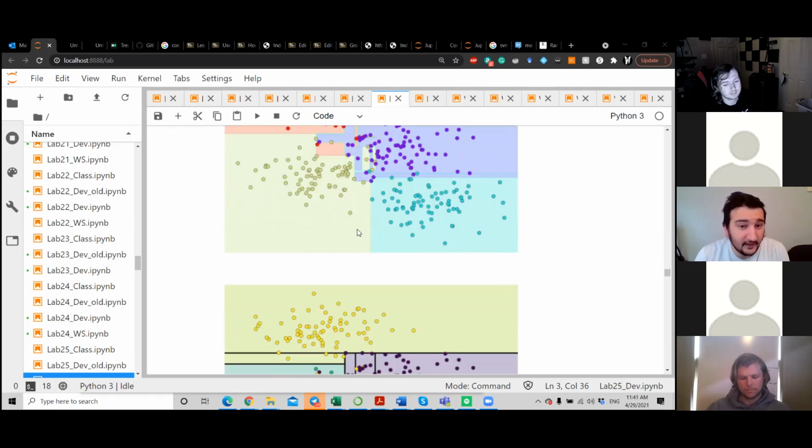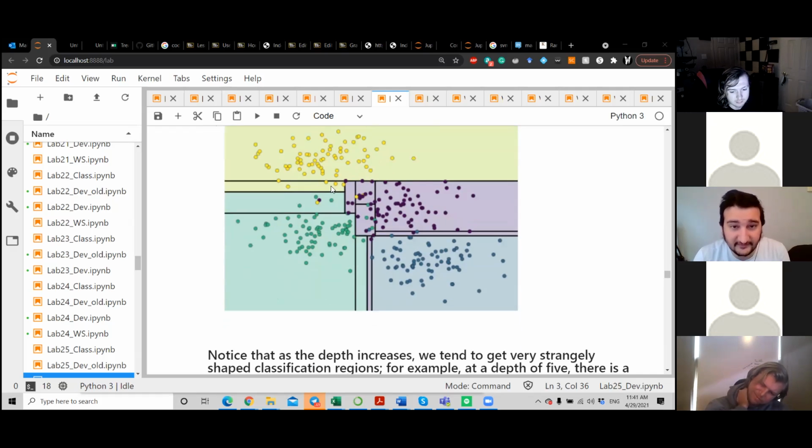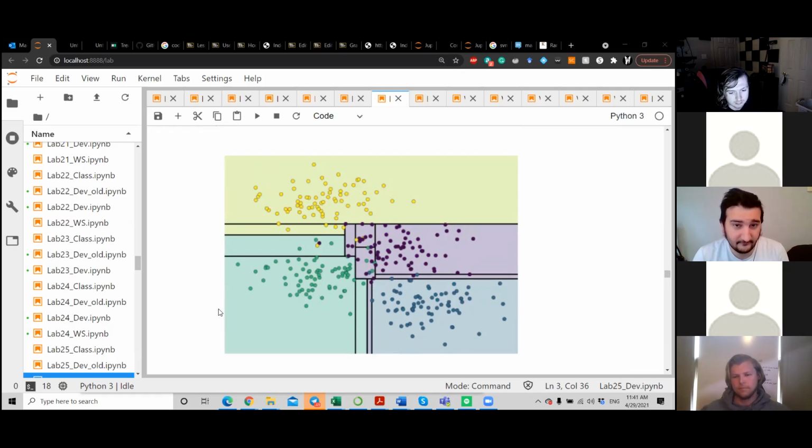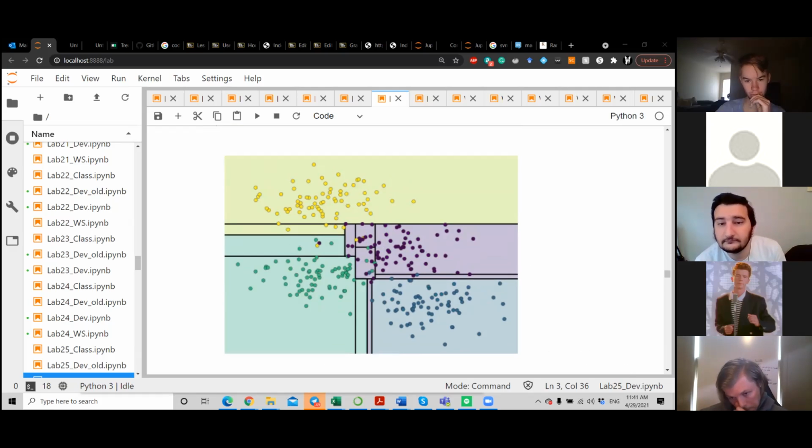So, this is one of the common issues with decision trees. Have a look at this one. What do you think about this? I like it more. The logic behind it is very apparent and it's nice to look at. But the purple column going down there, though.